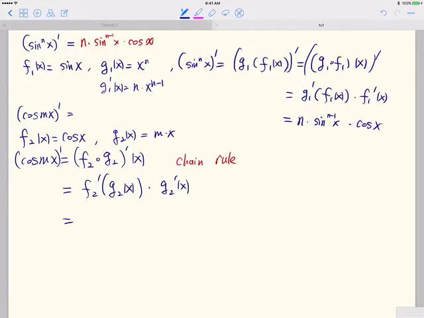The derivative of f2 is just minus sine, right? Originally it should be x here, but now our input is g2 x. But we can plug in here right now. So g2 x is just equal to mx. So I'm going to write down mx times g2 prime x, which is just m. So we got it. So the answer is minus m times sine mx.